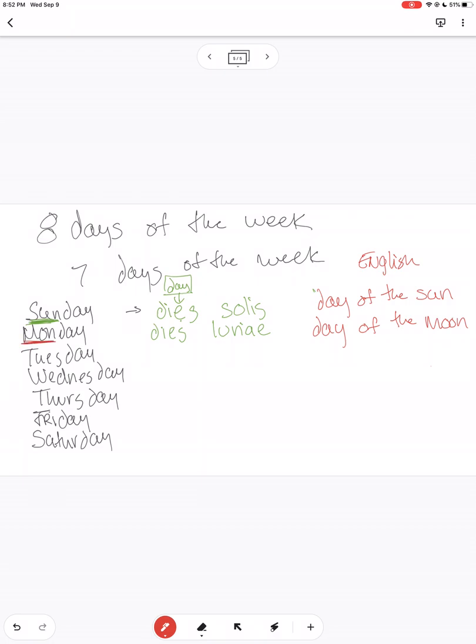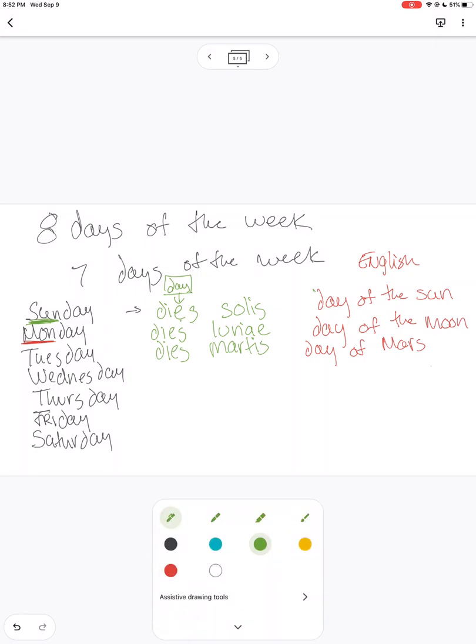Monday, or moon day, is how we get that. Tuesday. Dies Martis. So this is day of Mars. And who is Mars? That was a Roman god known as the god of warfare, or Ares in Greek mythology.